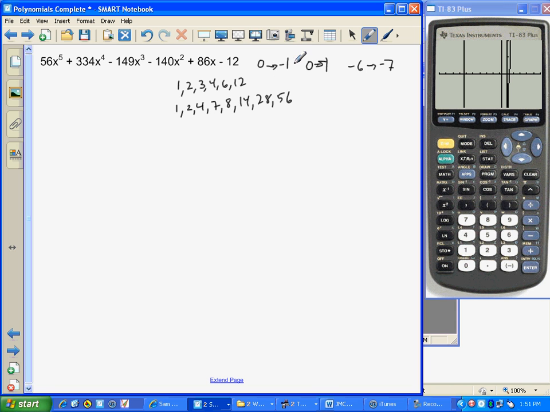So I just want to look for ones that are between 0 and negative 1 first. So I could have negative 1/2, negative 1/4, 1/7, 1/8, 1/14, 1/28, 1/56. That's a lot of them.